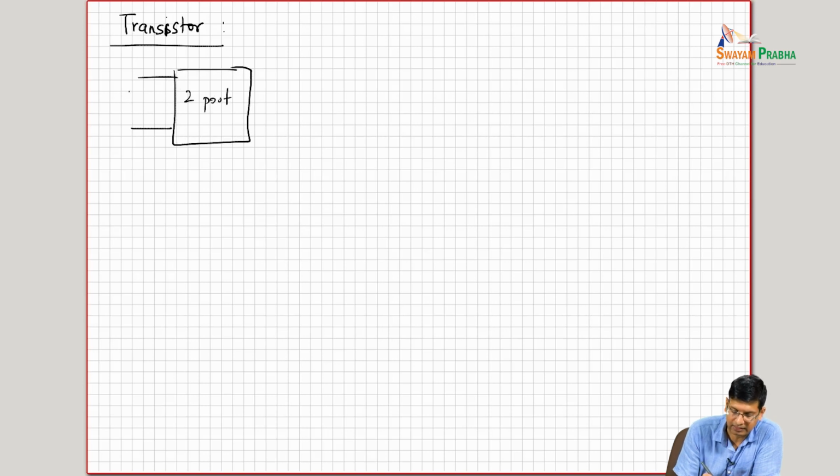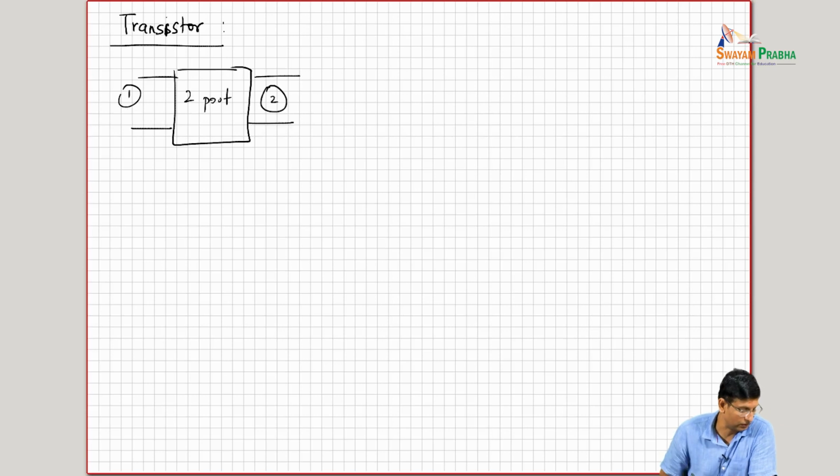Where there is an input port and there is an output port to this transistor, right? And the job of the transistor hopefully is that you are trying to get some gain out of this transistor, right?